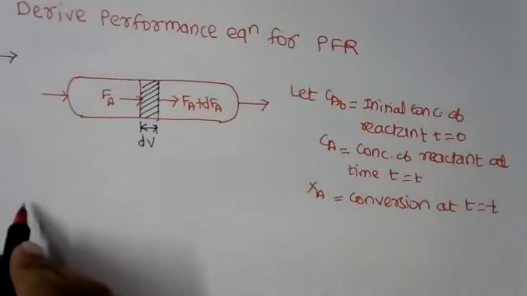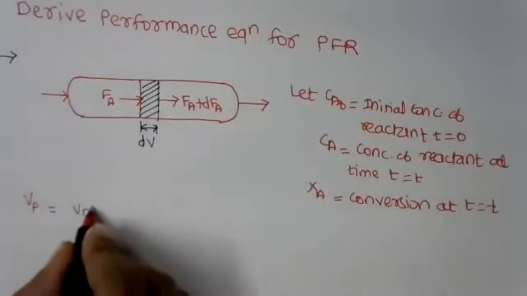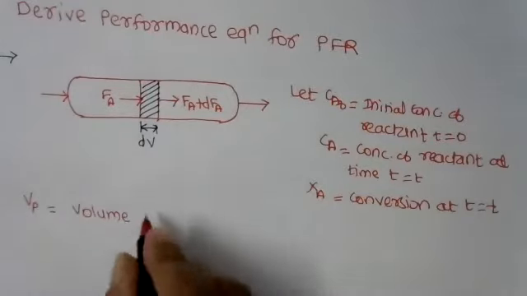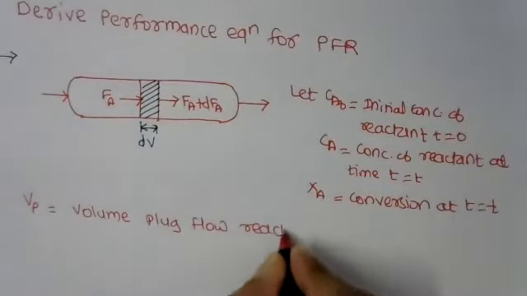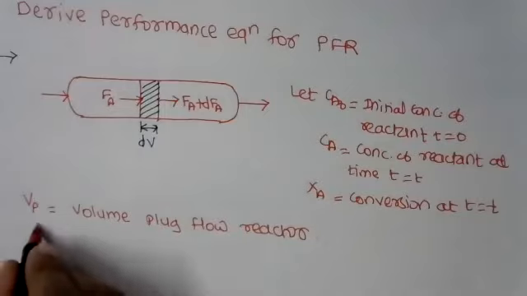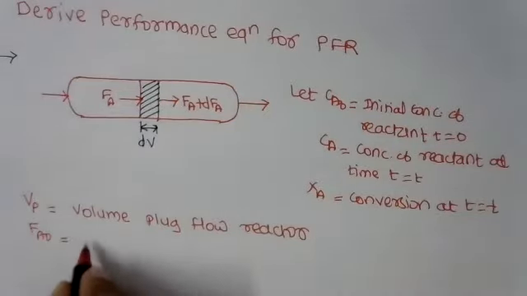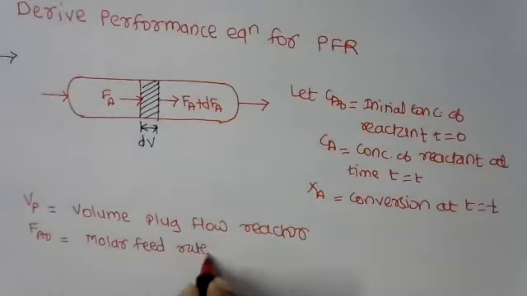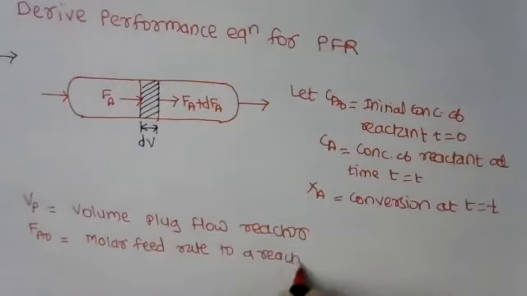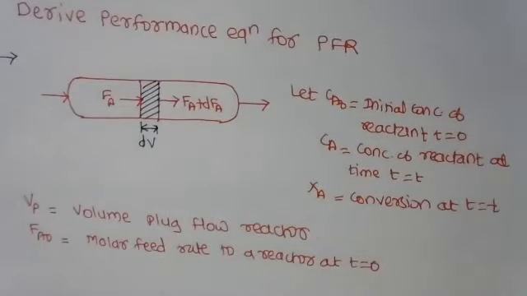Again, Vp is the volume of the plug flow reactor, and Fa0 is the molar feed rate to the reactor at t is equal to 0. Now, what is next?